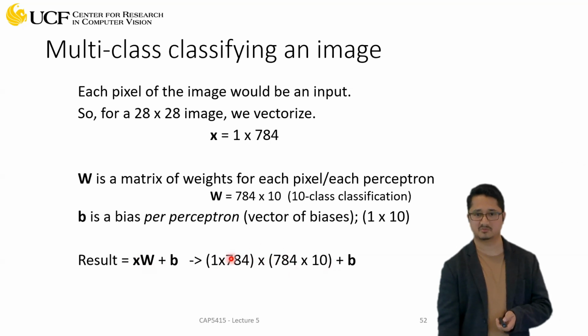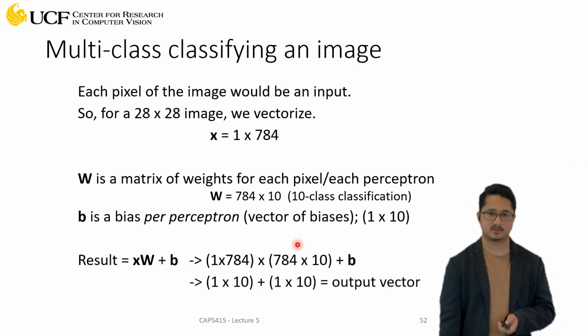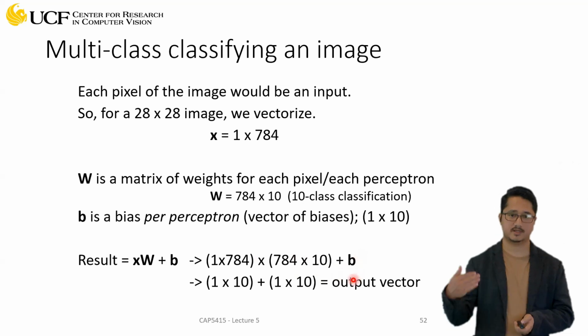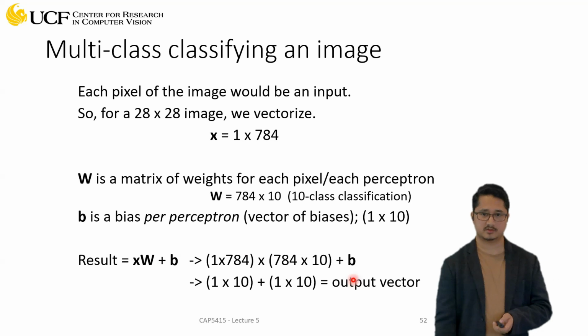But again, if you do the math and if you remember how we did matrix multiplication, this is again going to give you 10 different numbers. All right. So at the end, you will get 10 values, and each value will represent one class.